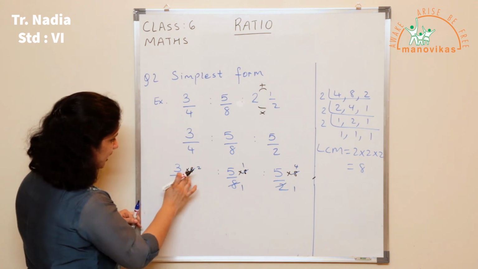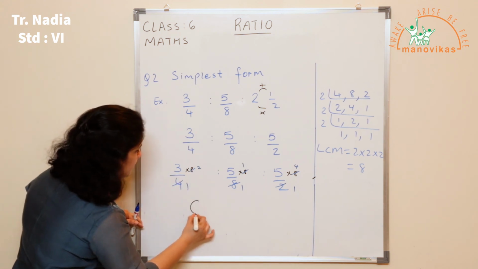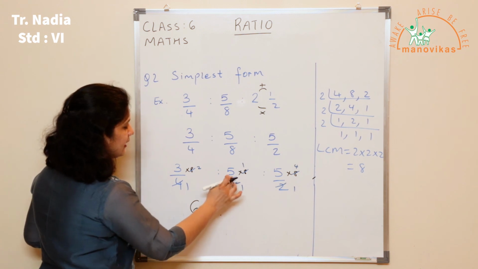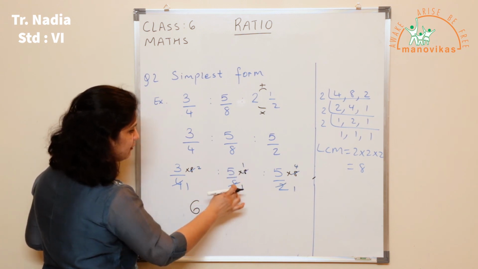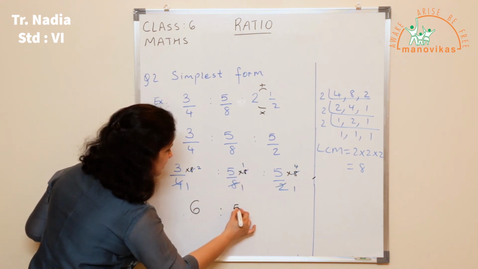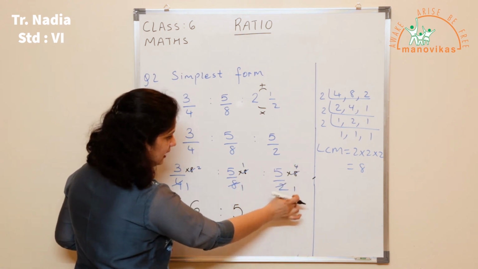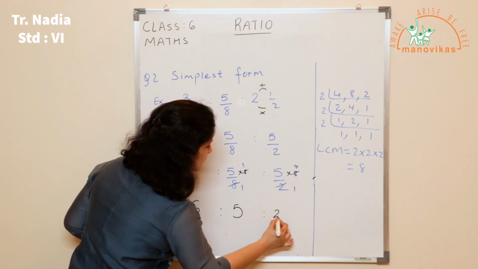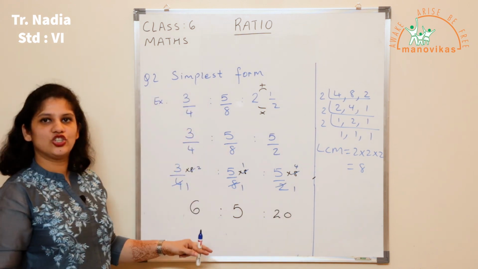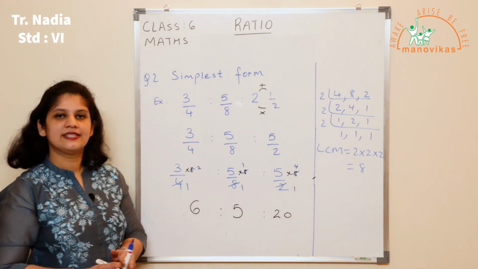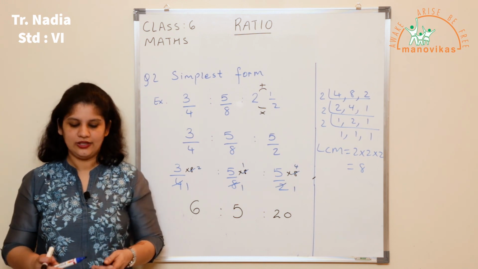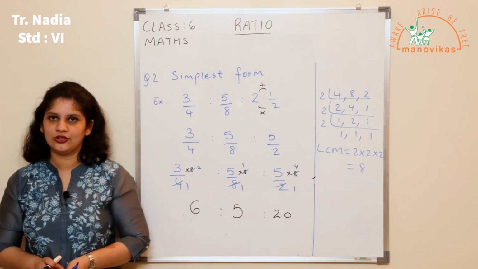In the first term I have 3 twos are 6 upon 1, so I will write it as 6. Second term I have 5 into 1, that is 5 upon 1, I will write it as 5. Third term I have 5 fours are 20 upon 1, which will be written as 20. So this ratio in the simplified form is 6:5:20. I hope so far it is clear to you all.